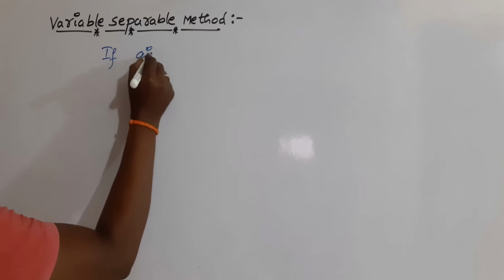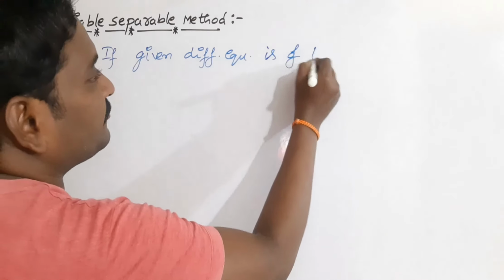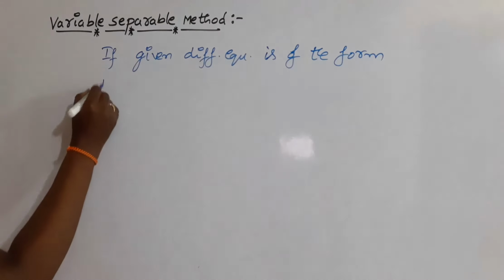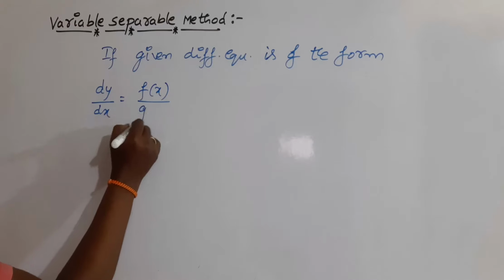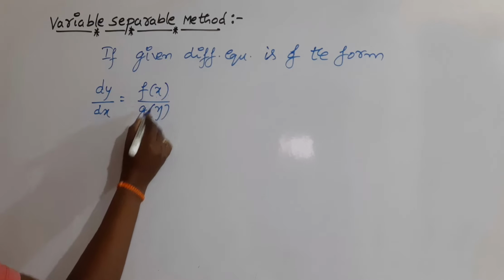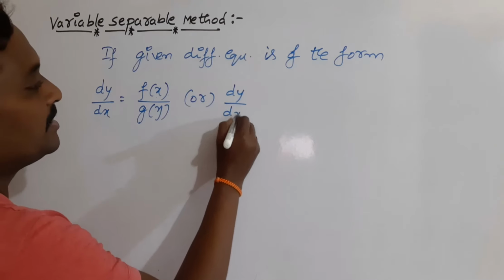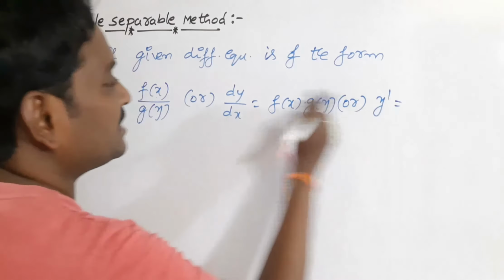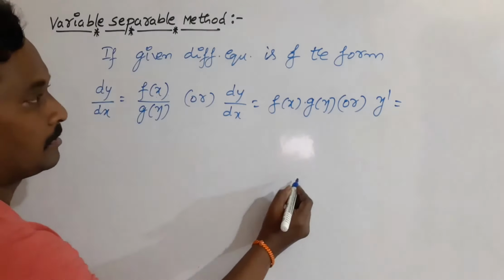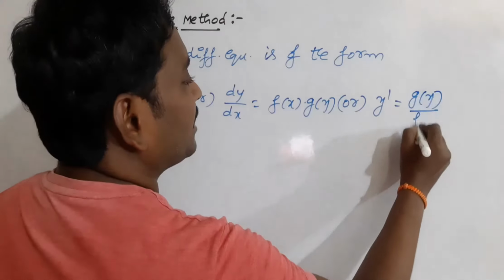If the given differential equation is of the form dy by dx is equal to f of x by g of y, where f of x means a function in the variable x only and g of y means a function in y only, or it may be given in the form dy by dx is equal to f of x into g of y, or y dash is equal to f of y, otherwise g of y by f of x.